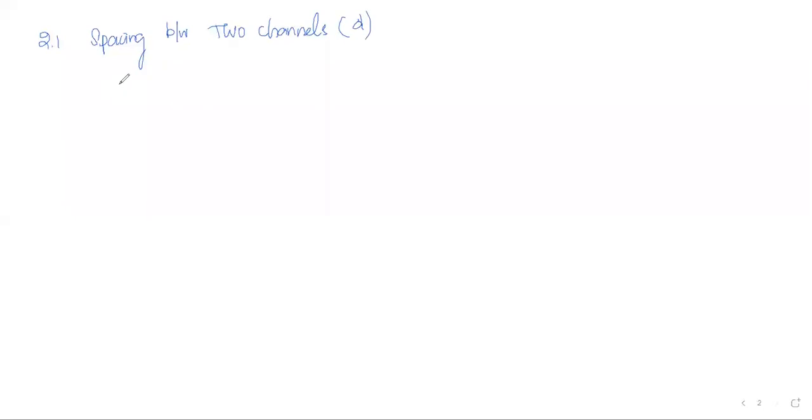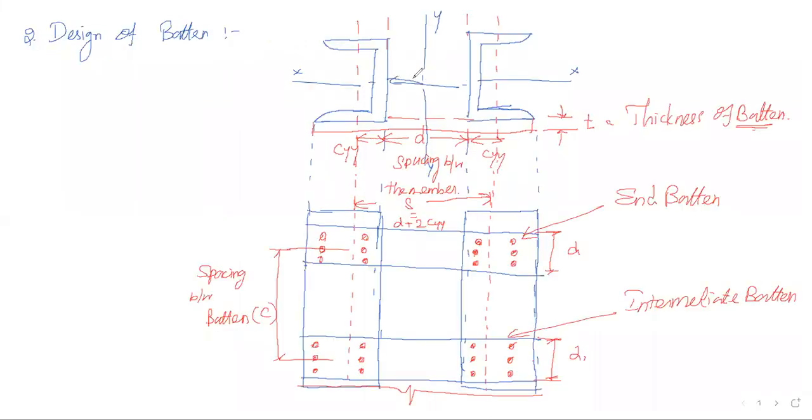Here the formula is, we equate the moment of inertia of the section with respect to the individual axis. So 2 times Iyy plus area into (d by 2 plus Cyy) the whole square is equal to 2 times Ixx. This gap is nothing but d by 2 plus Cyy.